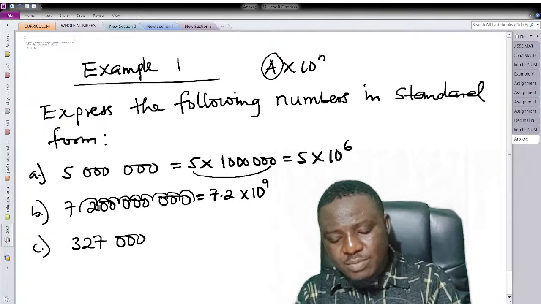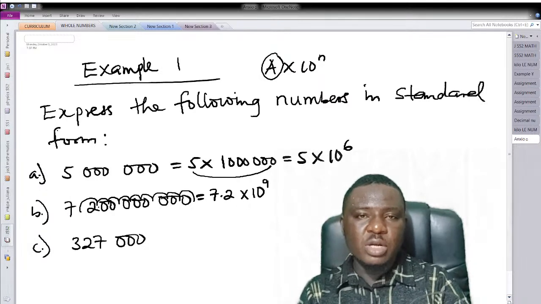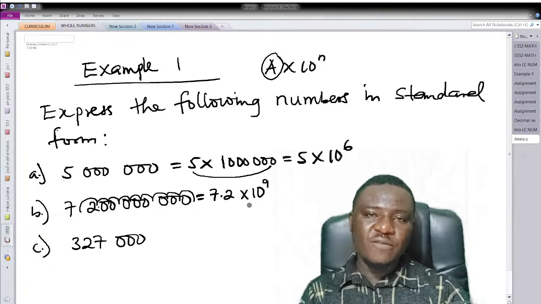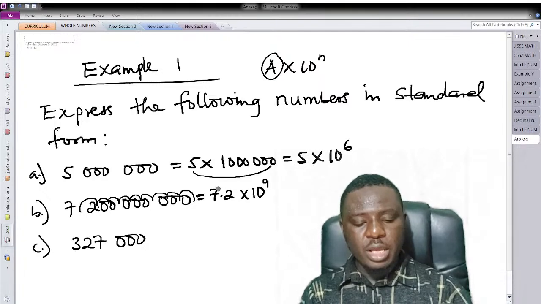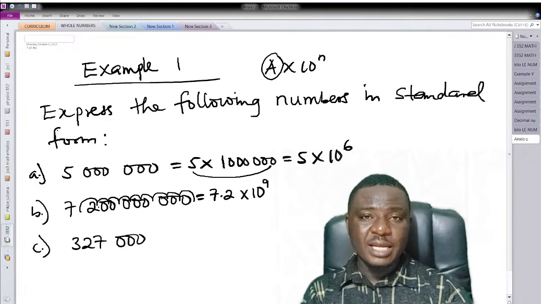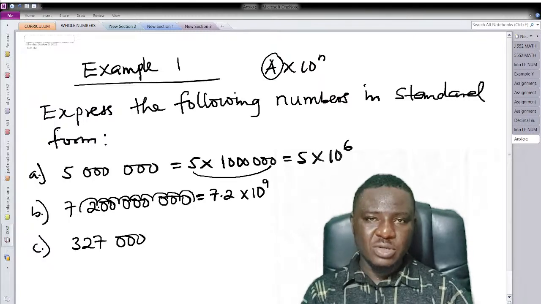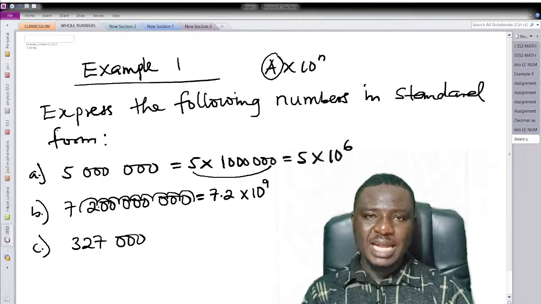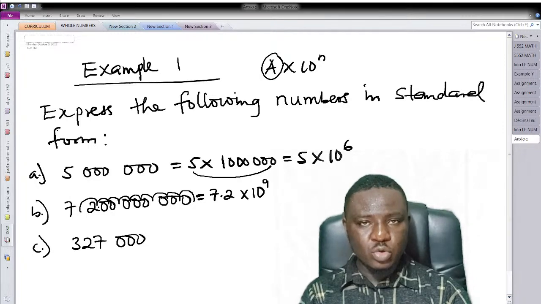If I had moved the decimal point 8 times, it becomes 72 times 10 raised to the power of 8. But it's not in standard form because the first condition is not met. So it is only when it is 7.2 times 10 raised to the power of 9 that it is in standard form. But in some cases, I will be expressing it as 72, in as much as it is not in standard form, but it can aid us to simplify our work.